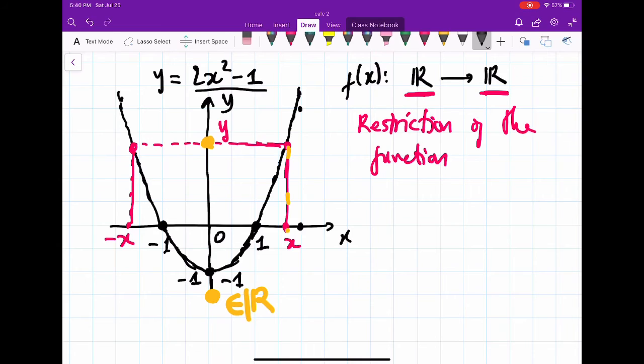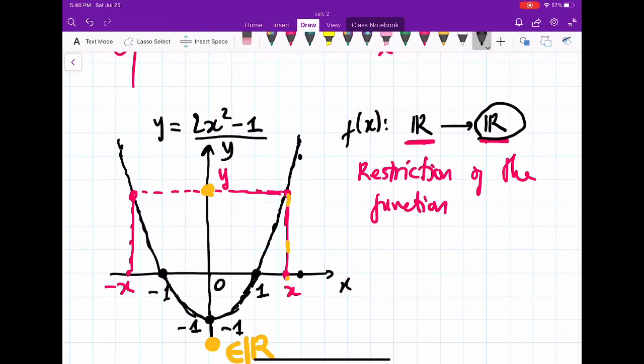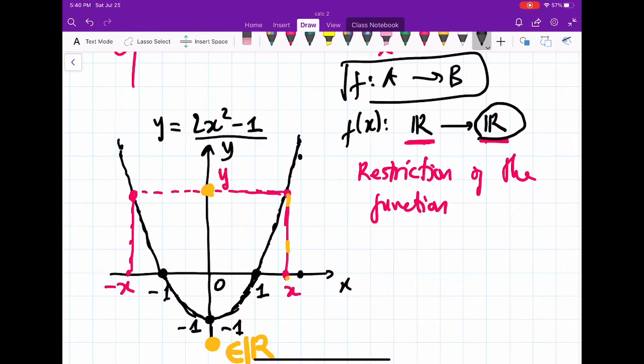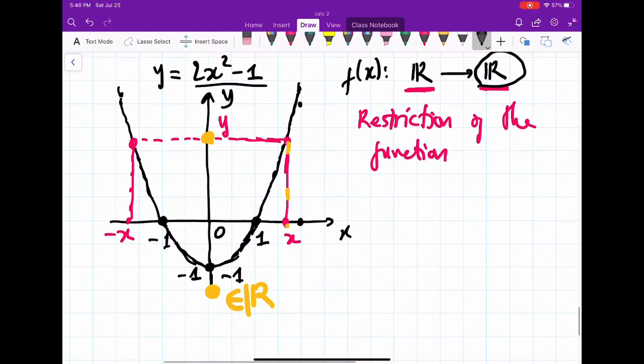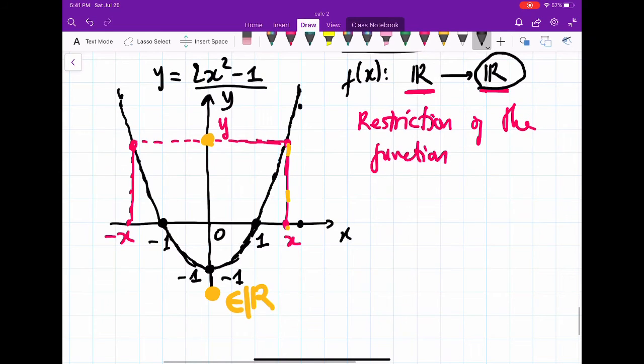So we need to restrict the domain, and not only the domain, we need to restrict the set here. The function is from A to B. Don't forget that. It really depends on A and B. Now, let's do that. I will restrict the domain. I don't want this part, I just want to ignore it.